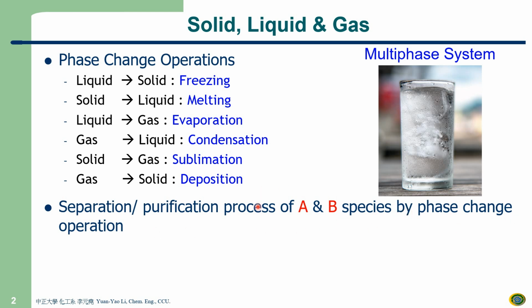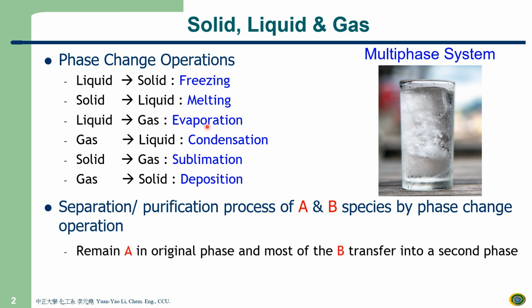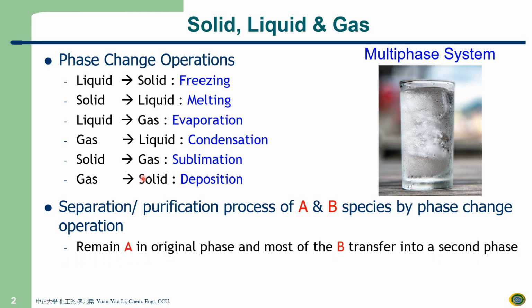So not only can you do this with a single phase, single species, but you can do it with a mixture like A, B, C. This is what we call separation. So for example, A remains in the original phase and most of the B transfers into a second phase.